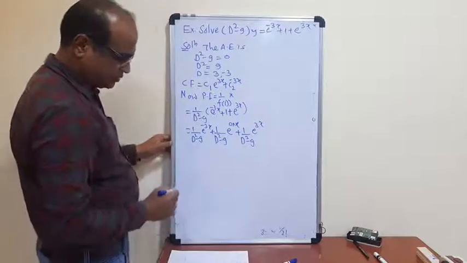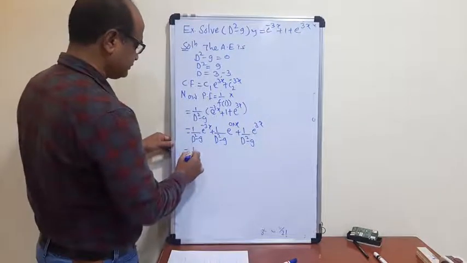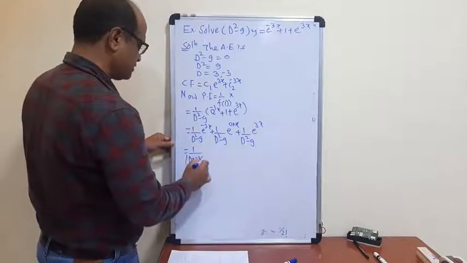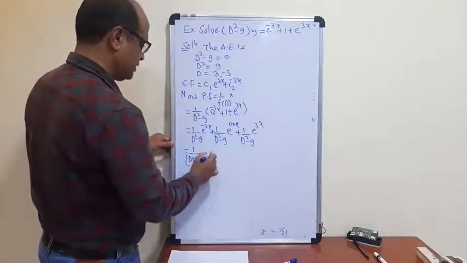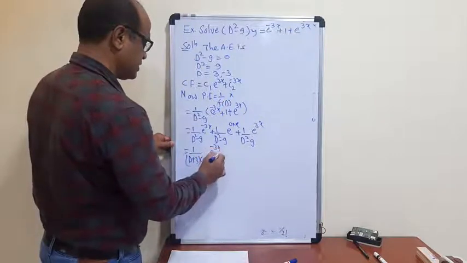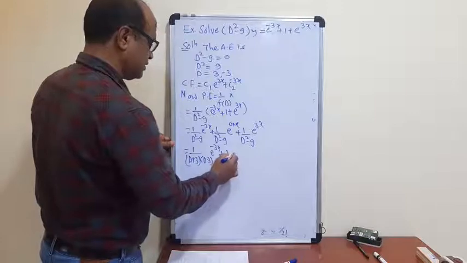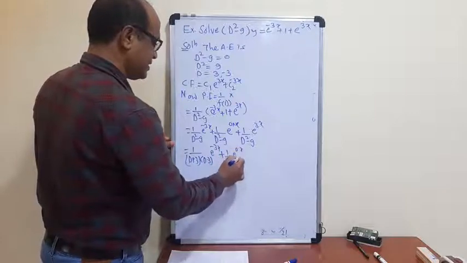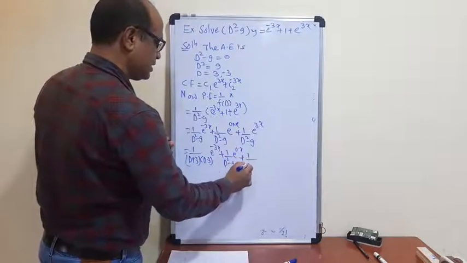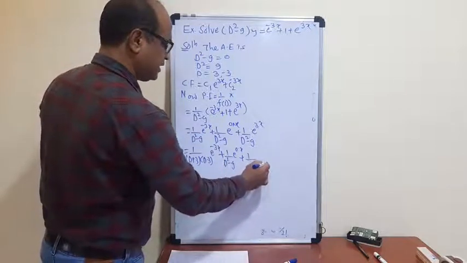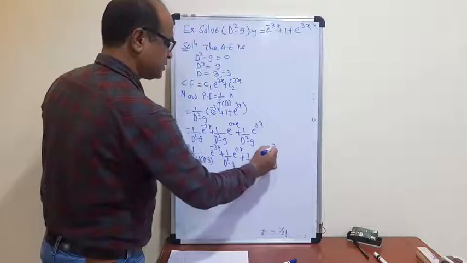So this can be written as 1 upon (D plus 3)(D minus 3) e raised to minus 3x, plus 1 upon D square minus 9 e raised to 0 into x, plus 1 upon (D plus 3)(D minus 3) e raised to 3x.